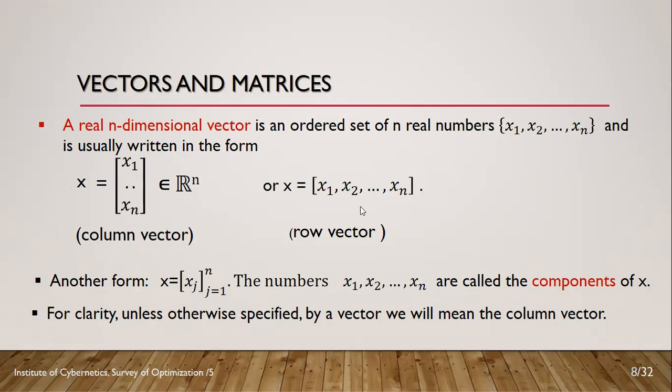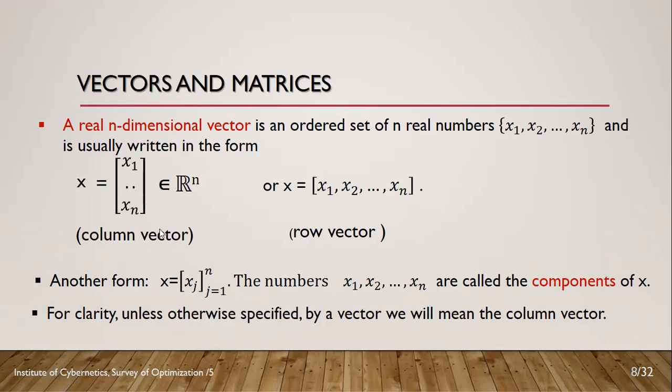The same we can put as a row vector, which is presented here. By default, for clarity, unless it is specified otherwise, by a vector we will mean the column vector. Then we can transpose this column vector in order to obtain a row vector.